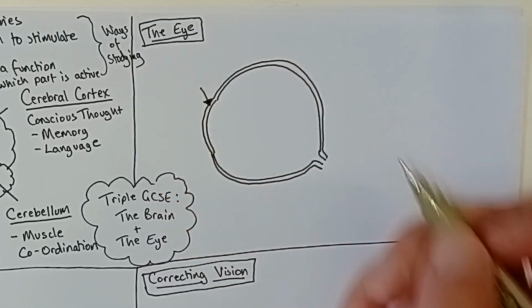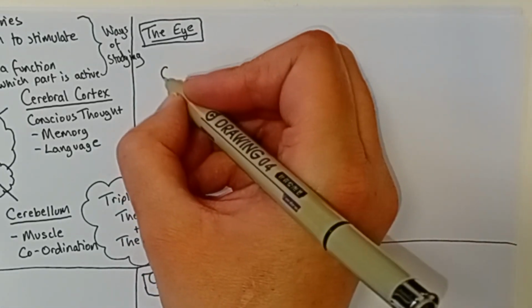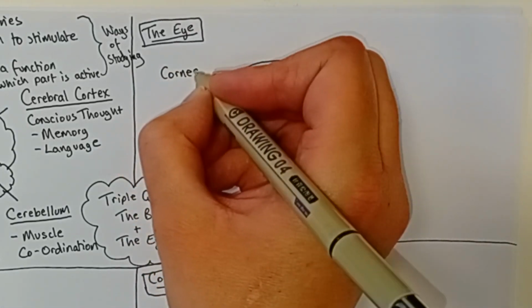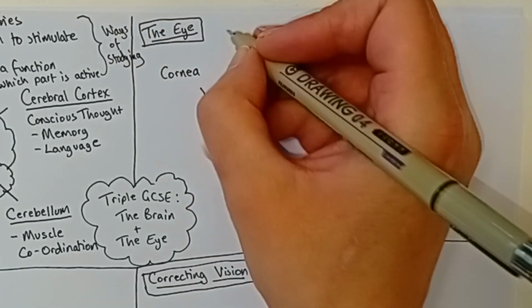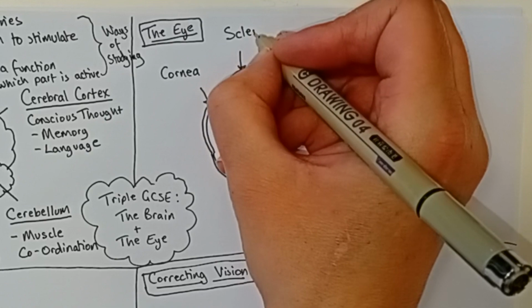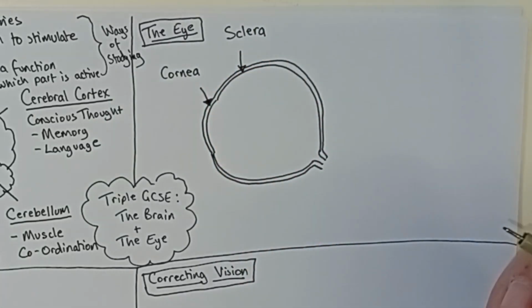So this clear window at the front is the cornea. And when it gets to the edge, it turns white. It's called the sclera.